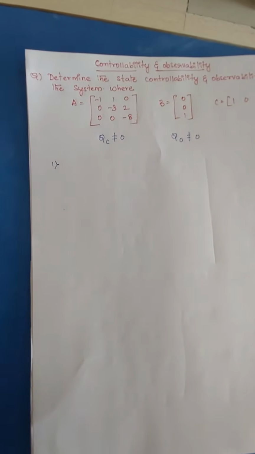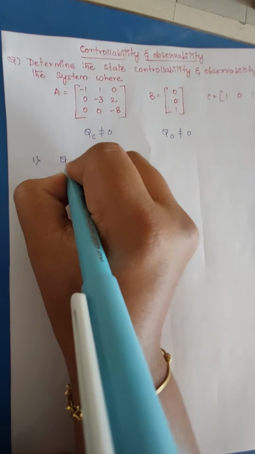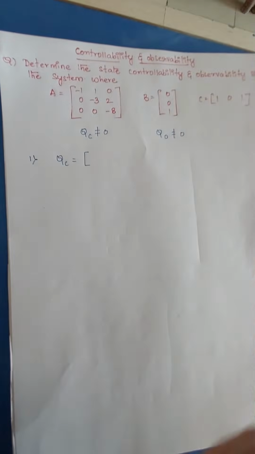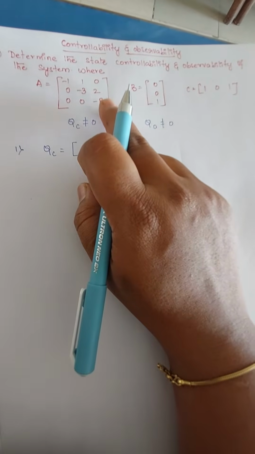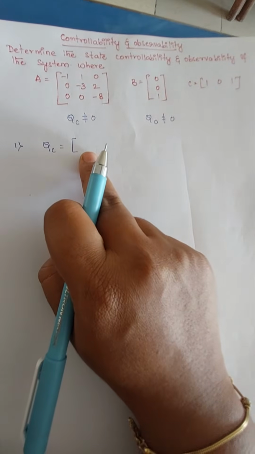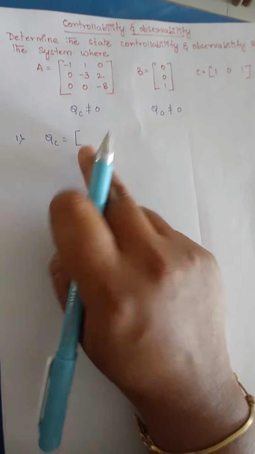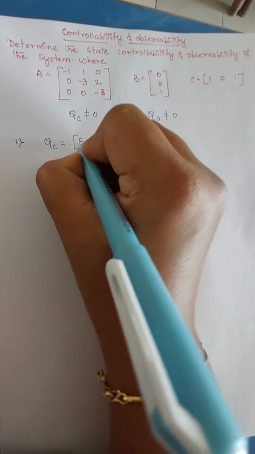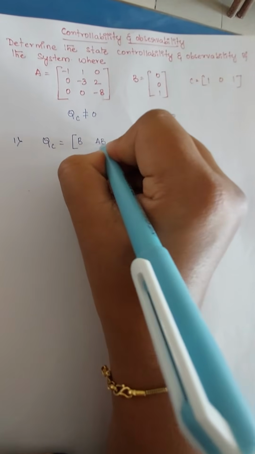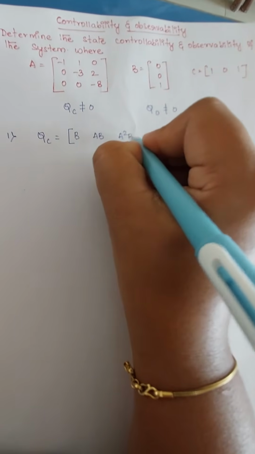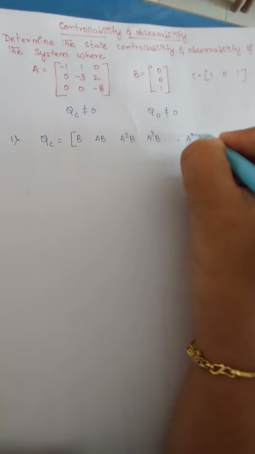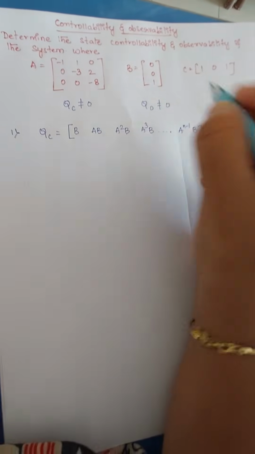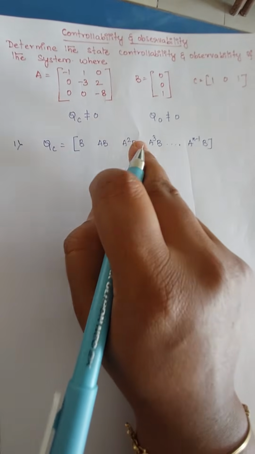For checking controllability, we first formulate the controllability matrix, which is given by QC = [B, AB, A squared B, A cubed B, and so on, up to A to the power of n minus 1 times B].